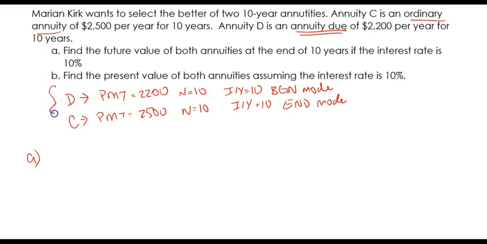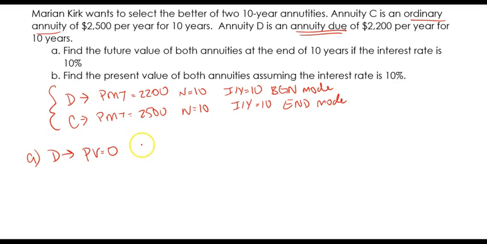The information I wrote up here will not change. The payment's always going to be the same, the number of periods is always the same, and the discount rate is the same. So for annuity D, if we're finding the future value, that means that the present value must be 0.